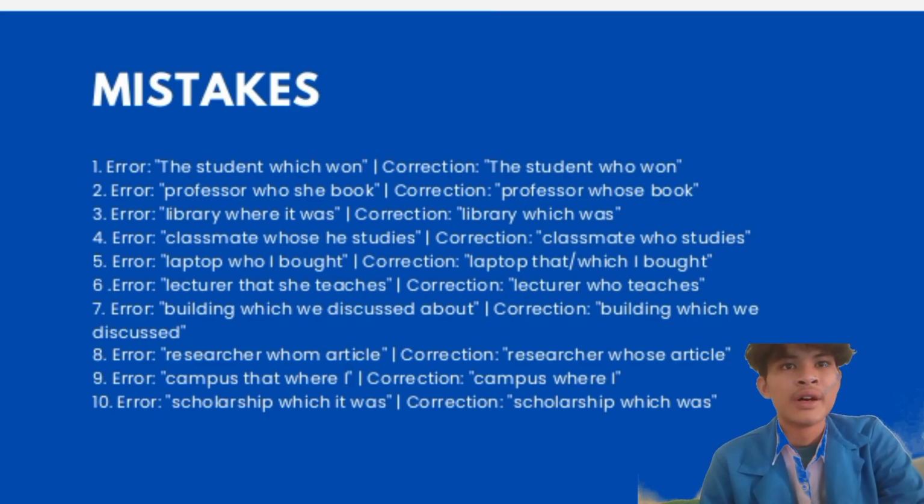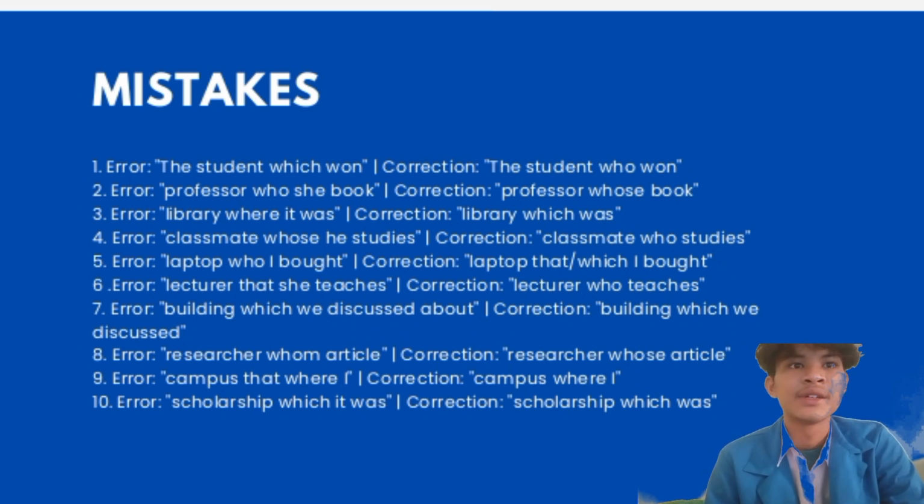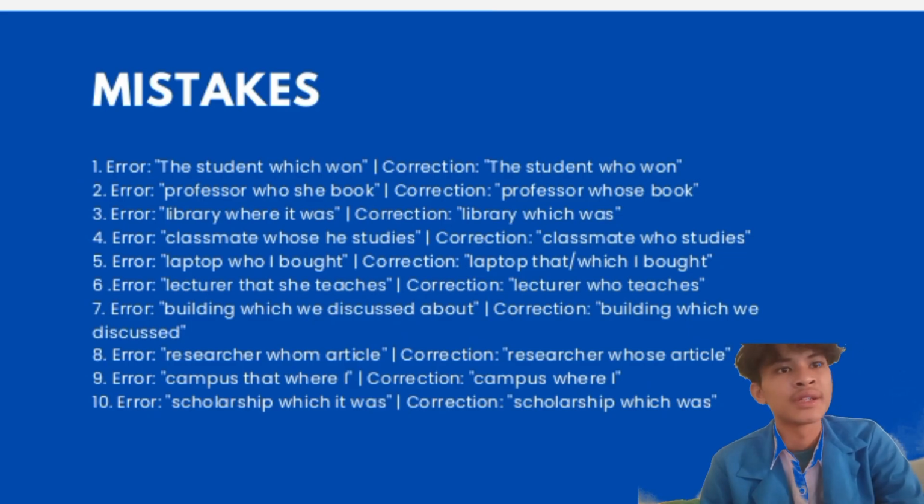The 5th, laptop which bought above. The correction is laptop that or which, but it's more common to use that. Number 6, lecturer that she teaches, and the correction, lecturer who teaches.